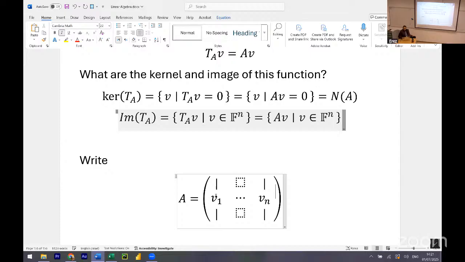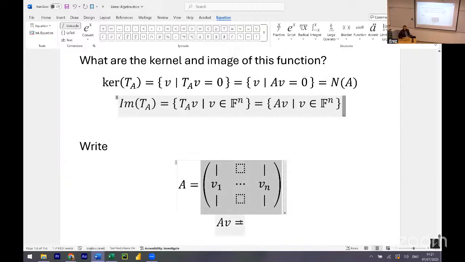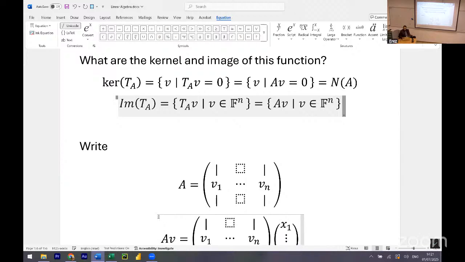Now multiply it. AV is this matrix, this is A, and instead of V, I will write the scalars that comprise it, X1 to Xn.